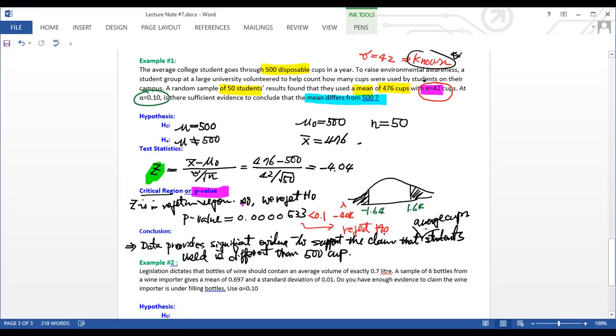All right, so we're going to reach the same conclusion whether you use the critical region or use the p-values here.